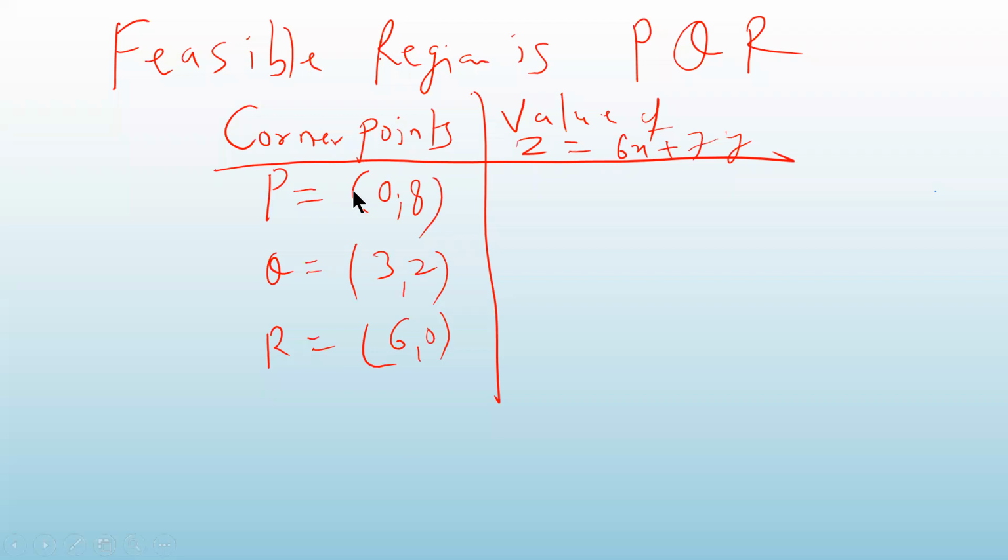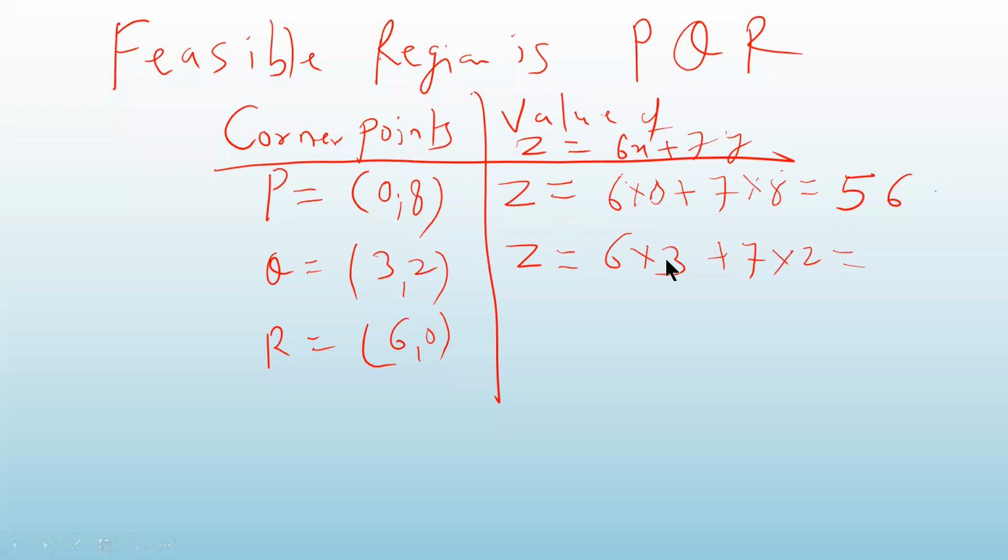What about point P? Put x equal to 0 and y equal to 8. What are you going to get? 6 into 0 plus 7 into 8. 6 into 0 is 0 and 7 into 8 is 56. Similarly for Q, put x equal to 3 and y equal to 2.